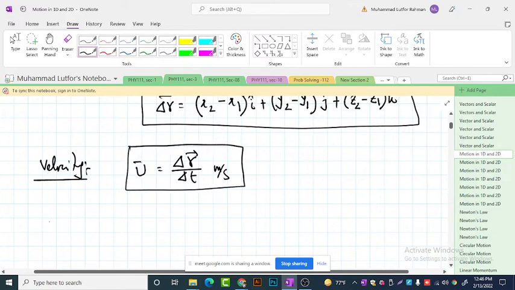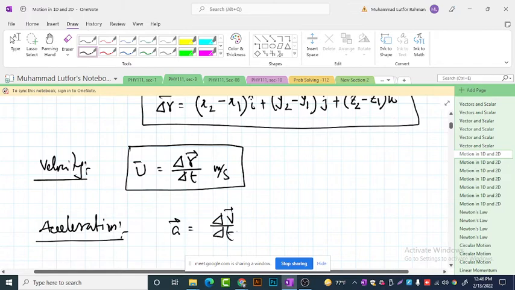And the acceleration, right, is the rate of change of velocity with respect to the time, which would be del v divided by del t, and the unit would be meter per second square. So that's how we can find out the acceleration of the particle.